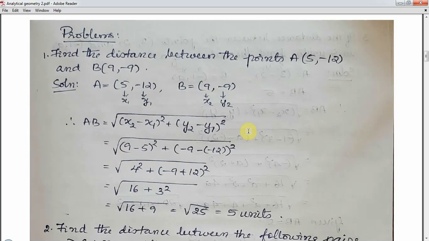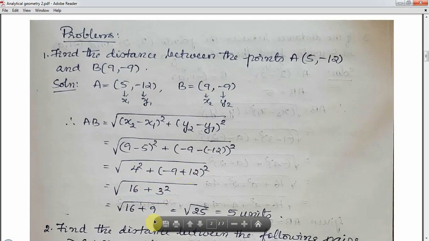So this is the square root of x2, the x coordinate of the second point 9, minus the x coordinate of the first 5, whole square, plus the y coordinate of the second point minus 9, minus of minus 12, whole square. 9 minus 5 is 4, 4 square, plus minus 9, minus into minus becomes plus 12, whole square. 4 square is 16. 12 minus 9 is 3, therefore 3 square.